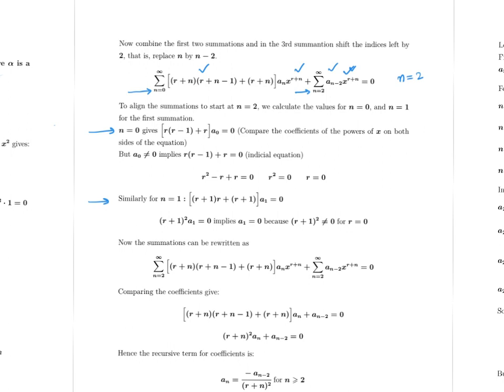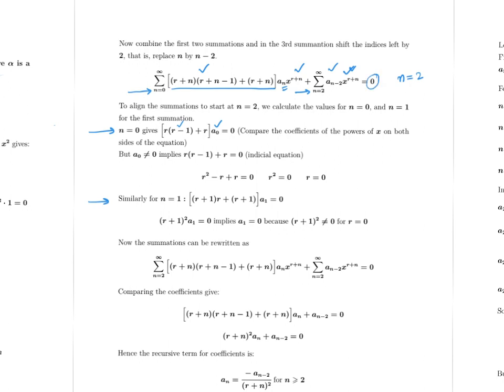So when I plug in n equals 0 in this portion, I get r times (r minus 1) plus r, times a sub 0. n equals 0 gives you a sub 0, times x to the power r. Now, remember on the right hand side, you have 0.